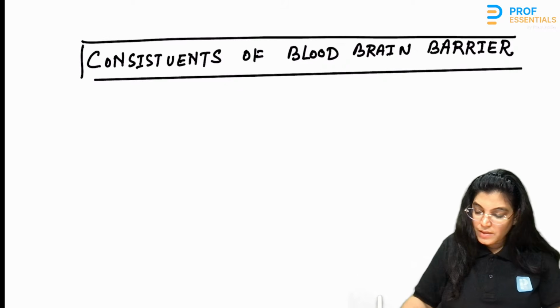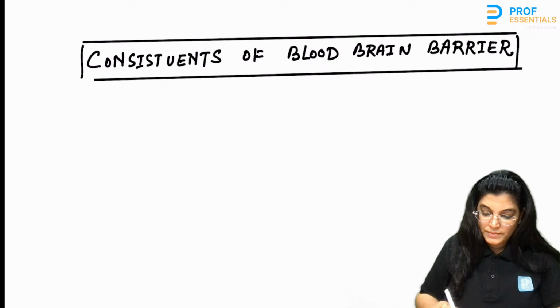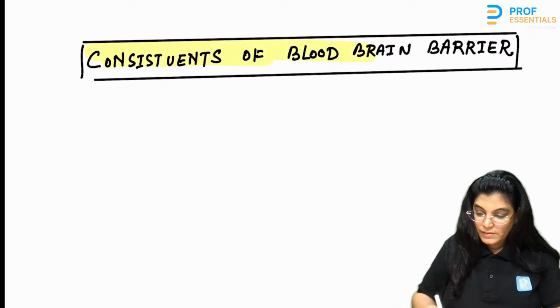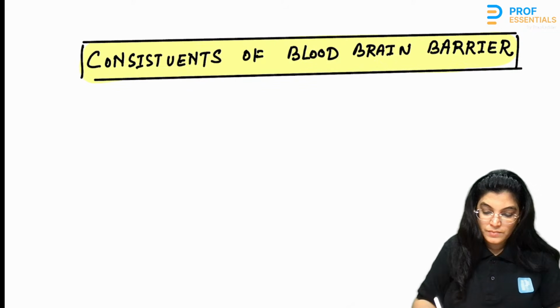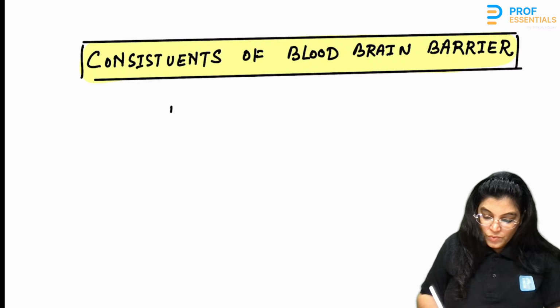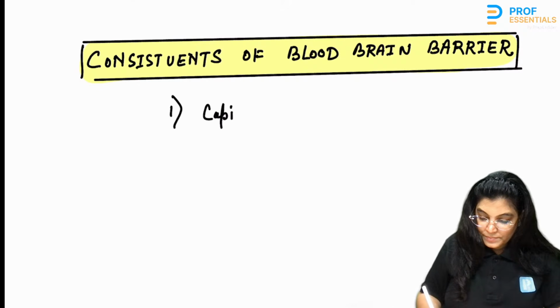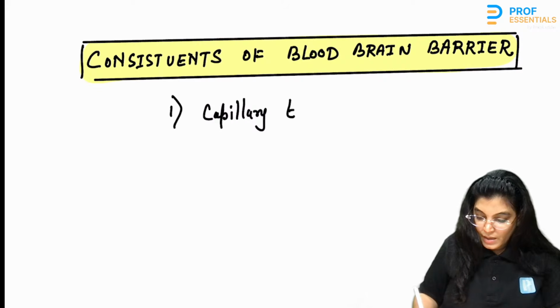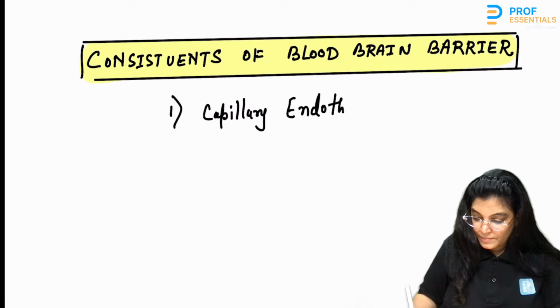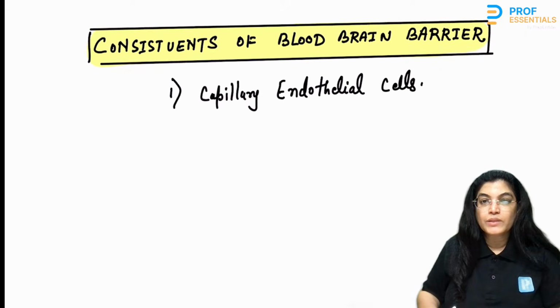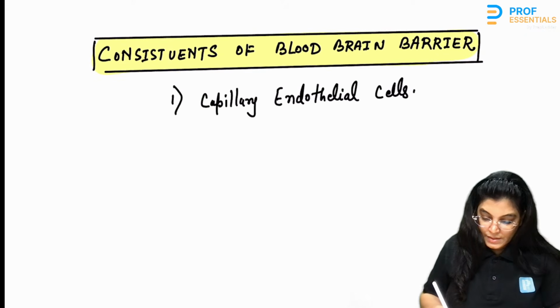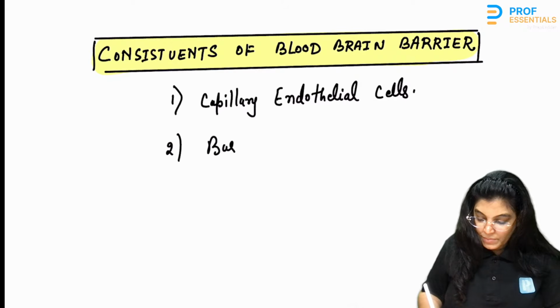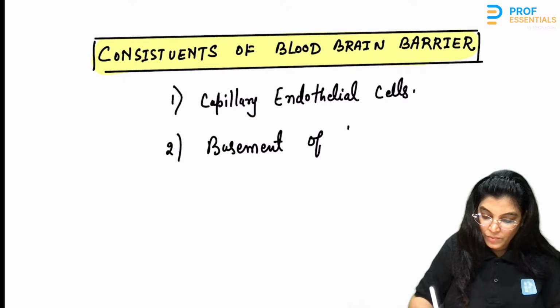So let's write the constituents of the blood-brain barrier. It is formed by capillary endothelial cells. It is formed by the basement membrane of the endothelial cell.